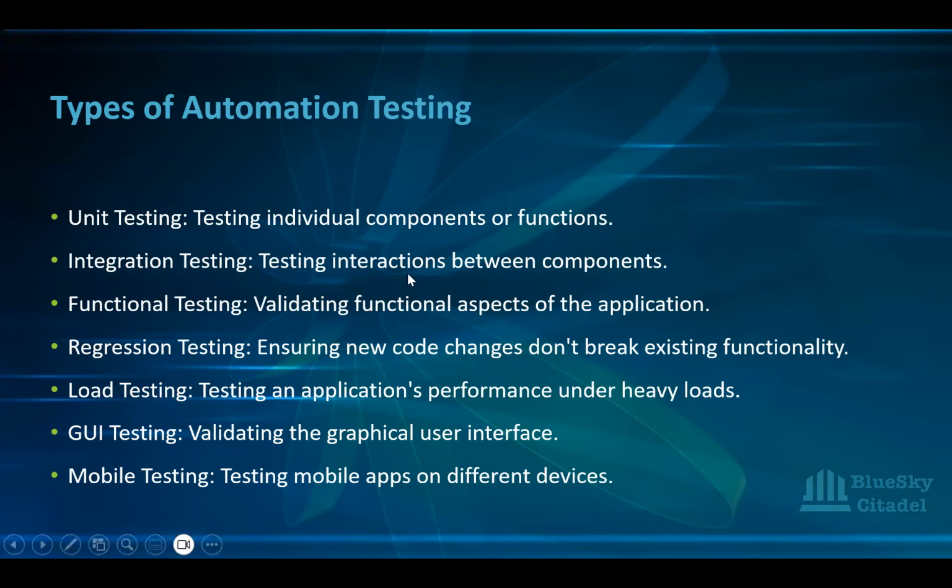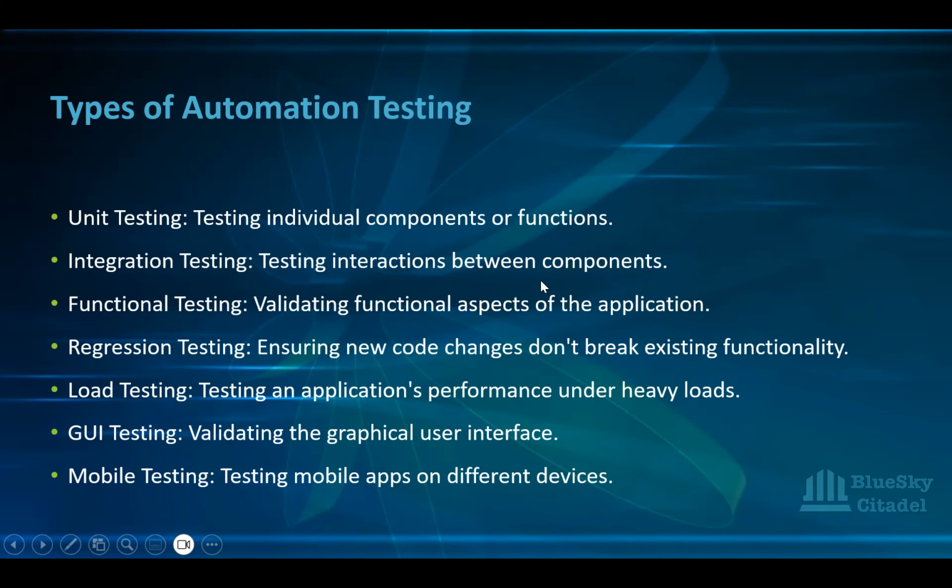It tests interactions between components. So just see it as a progressive type of testing. The developer tests individual components first, and that is unit testing. They can also do integration testing, which is the interaction between components.